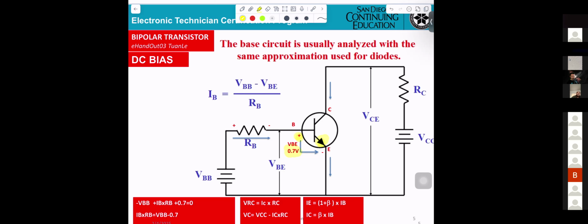And this is a formula that will be helping you to do calculation. However, just for general understanding, if you want to know what the voltage is, you can run the simulation.